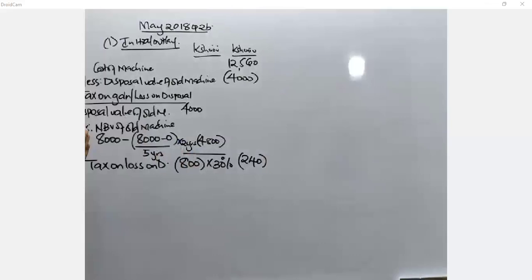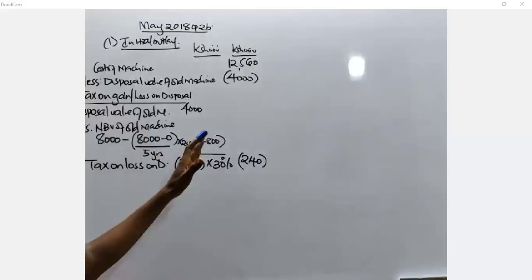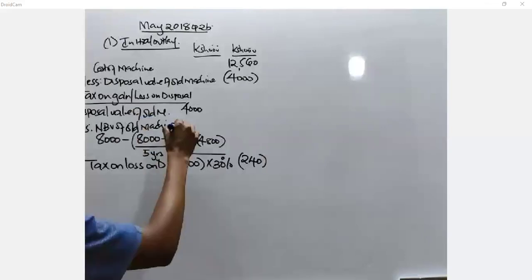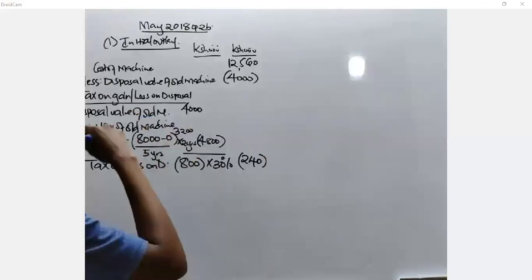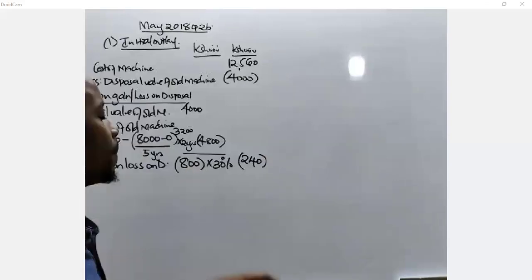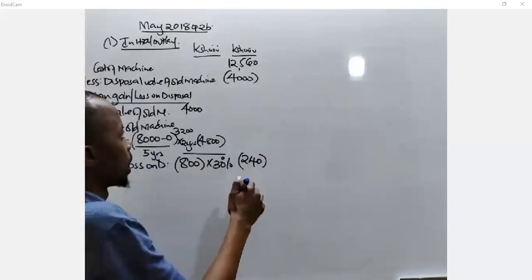So 8,000 minus 3,200, you are going to get 4,800. So 4,000 minus 4,800, you get the loss on disposal, which is 800. Then you multiply by 30%, and we get a loss of 240.